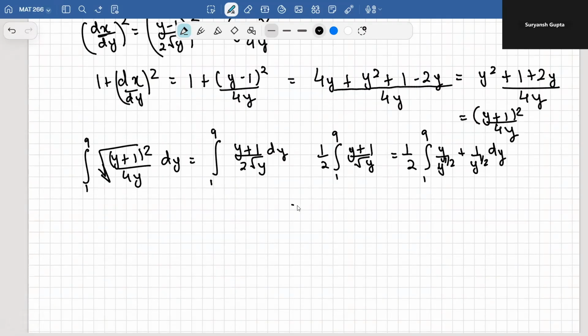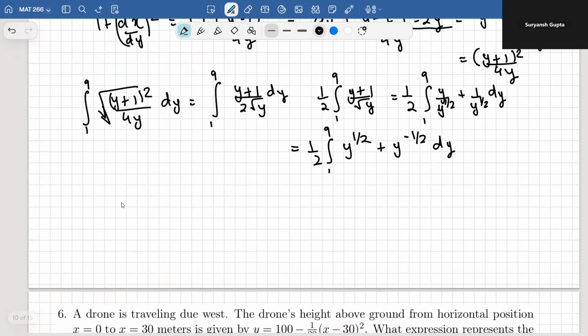When I simplify this, y over y to the 1 over 2, plus 1 by y to the 1 over 2, I get 1 by 2 times the integral going from 1 to 9 of y to the 1 by 2 plus y to the minus 1 over 2 dy.